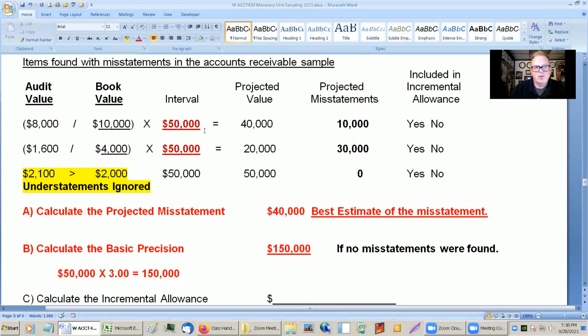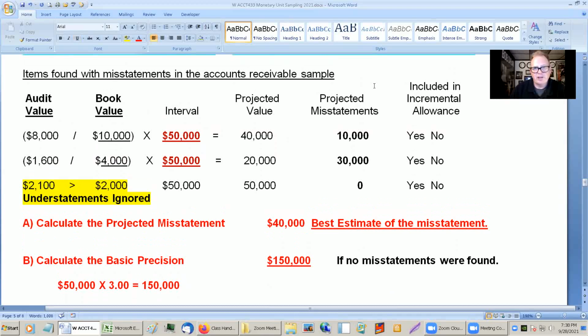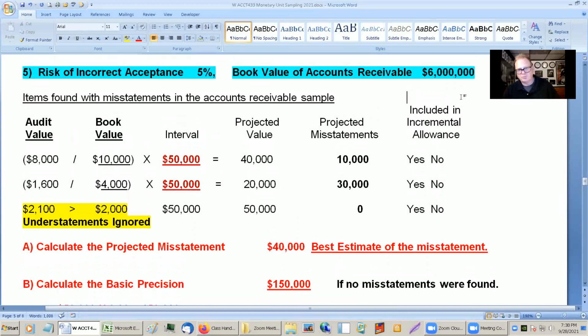Okay, so as long as the book value is greater than the interval, let me put that up here. Scratch that, I said that backwards. Less than the interval.